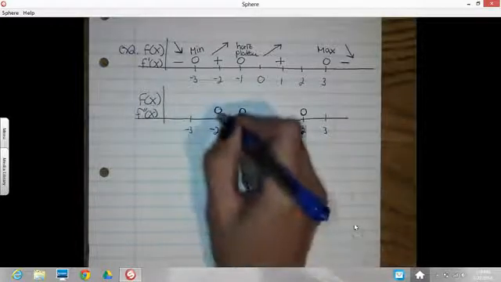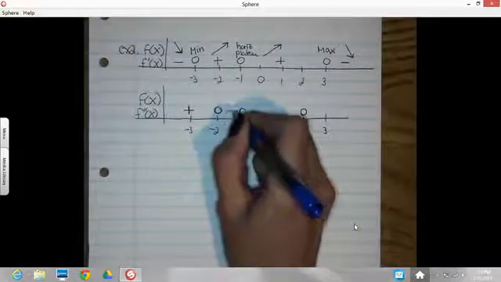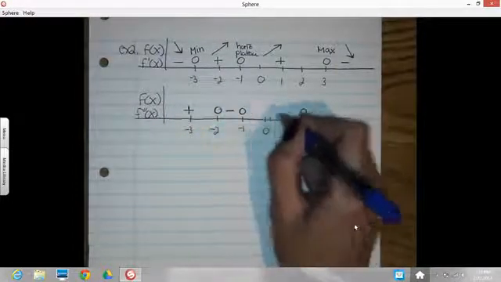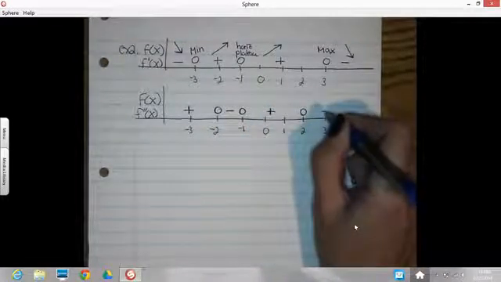Okay, before the -2, the whole second derivative is positive. Negative in here. Positive. And then negative. Okay, second derivatives indicate concavity. So up until -2, this thing is concave up.